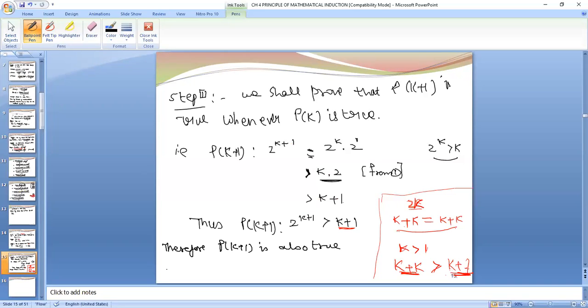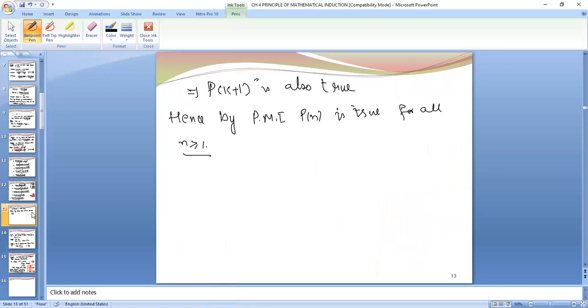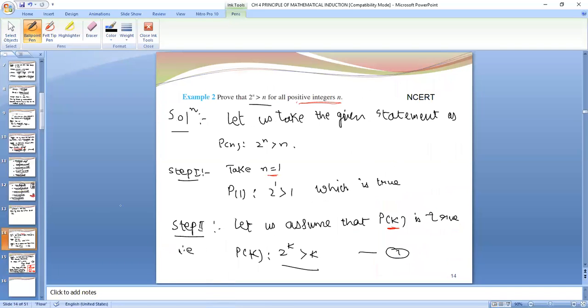Hence, by principle of mathematical induction, P(n) is true for all positive integers n. Whatever is given in the statement, we will write that. In the statement, it is given to prove that 2 raised to power n is greater than n for all positive integers n.